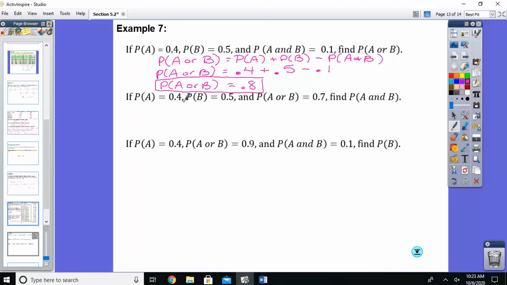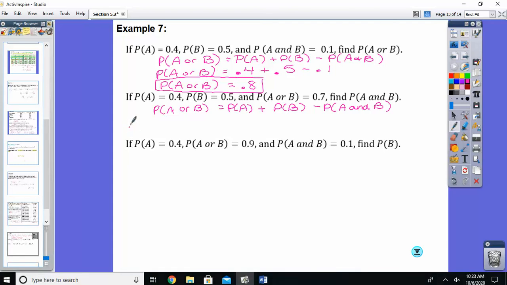So the second one, I still gave you A and B, but this time I gave you the probability of A or B to go with it. So if I write out my formula, plug in the stuff we know.